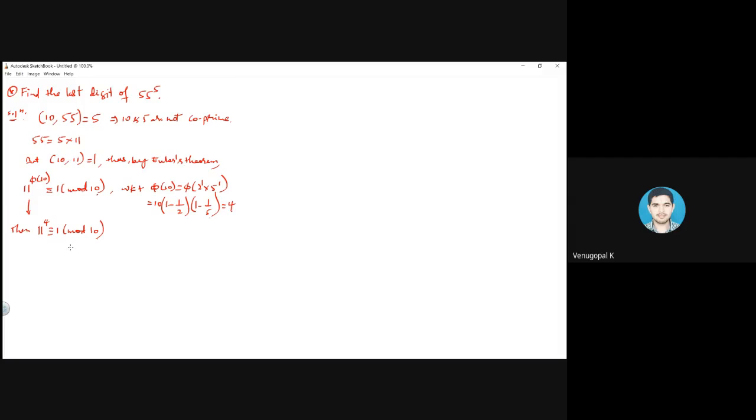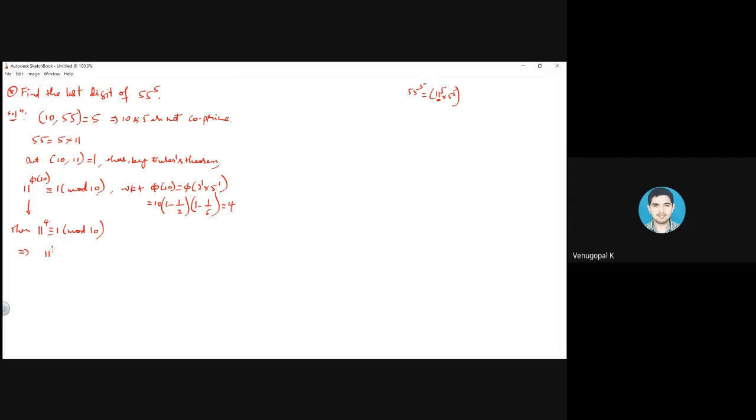Now our target is to get 55 power 5. 55 power 5 can be written as 11 power 5 into 5 power 5. That means first of all I want 11 in the power 5. So let me write it separately.